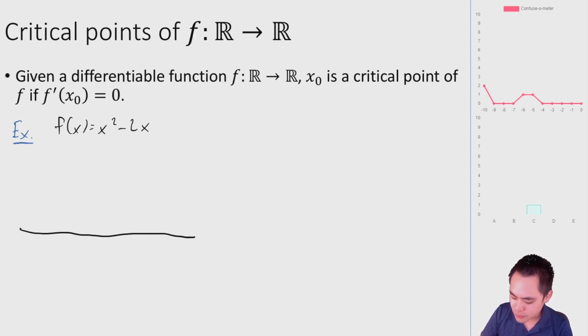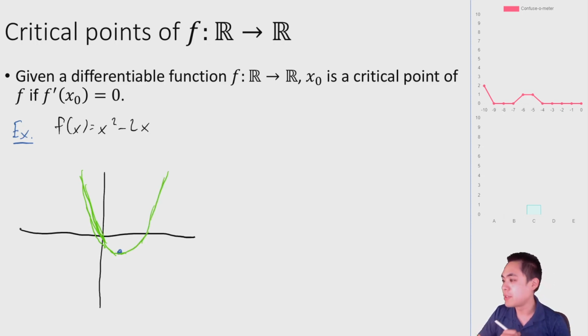So it's a parabola. It would help if I could actually draw, but it's roughly speaking this parabola. Okay? So we have this function, and you can see where the local minimum is. It's at this point down, this blue point here.